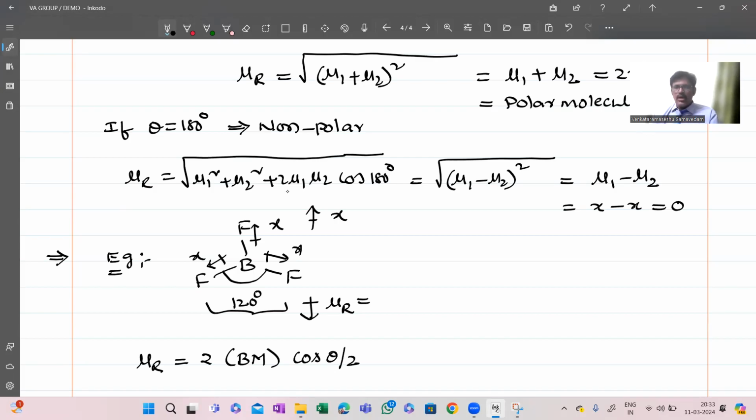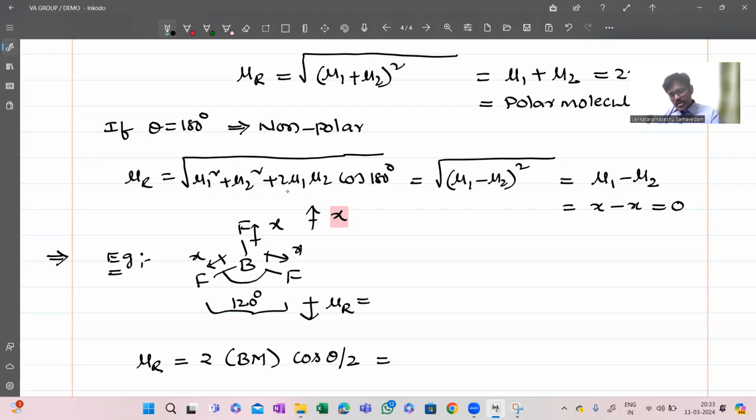This is a formula, another formula we can apply. Not only in this case, we can apply it in the above case also, but I am including another formula here. I already know it is X. I have to find mu resultant of the bottom ones. Here the bottom two fluorine atoms are dragging the electron density in the downward direction.